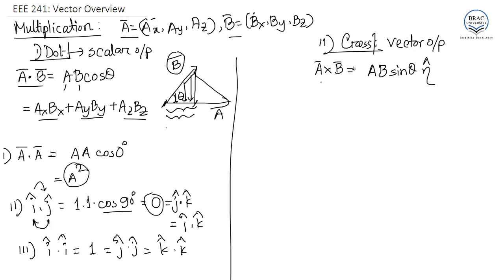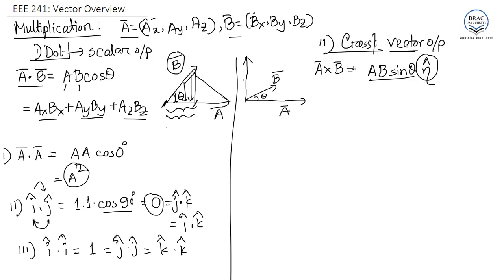So whenever you are performing a cross product between two vectors, namely A and B, the value or magnitude of the resulting vector will be AB sine theta. Again, theta is the inclination angle between them. But the result will be a vector quantity, the direction of which is perpendicular to both of the component vectors. Right?